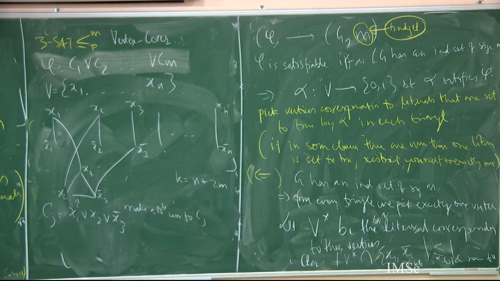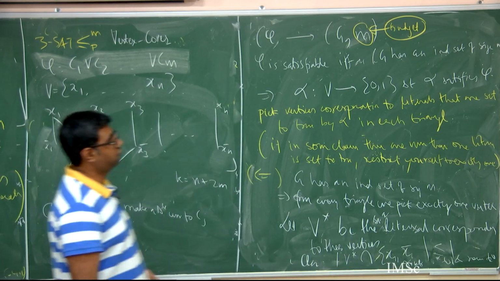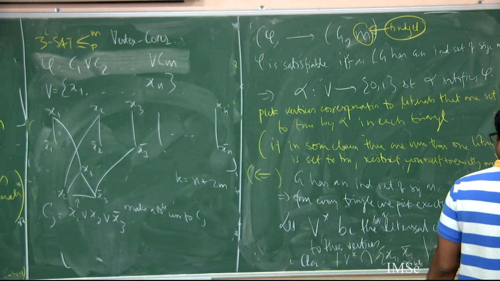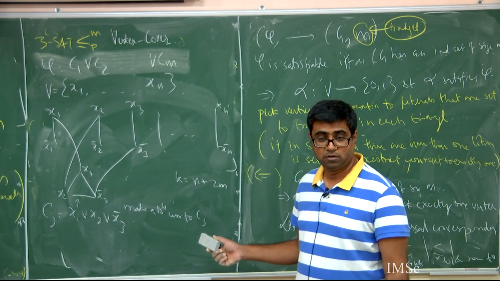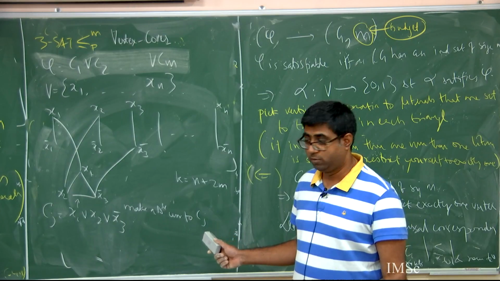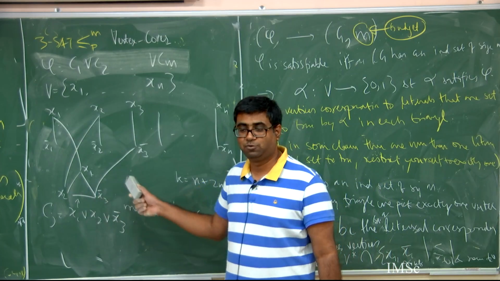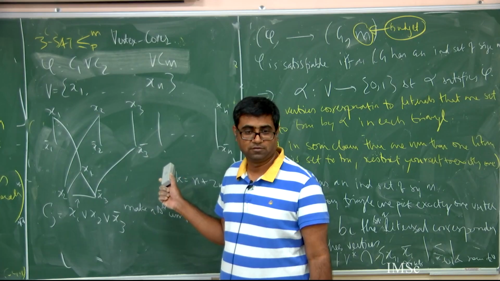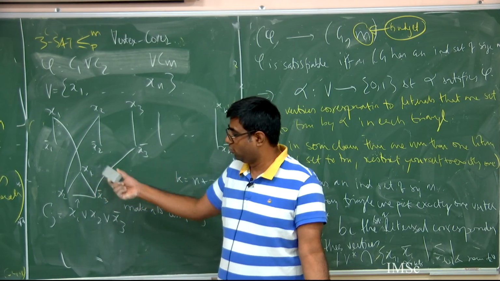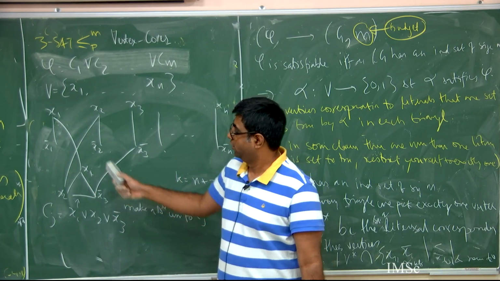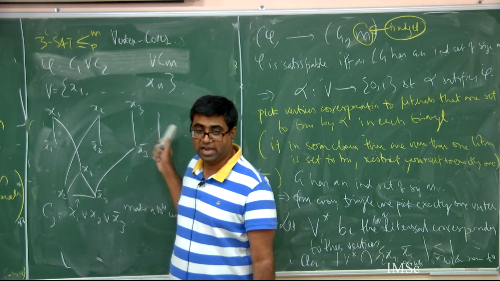Why? Because suppose I had a satisfying assignment. So what I would like to show. Now look, here again budget plays the role, because you will have to leave one guy in the reverse direction. You cannot be picking all the three guys, because your budget is so tight that you have to pick n from here.